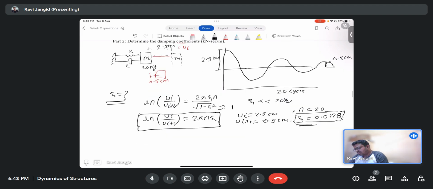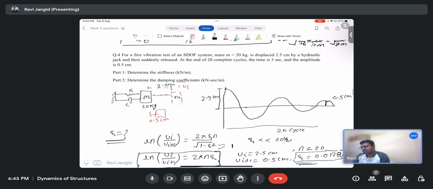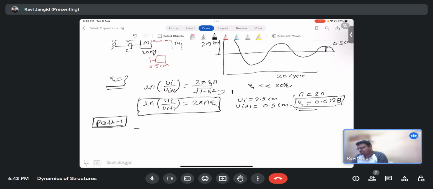Now I need to go with the part 1. It gives me the total cycle time is 3 seconds, and the number of cycles n is 20.